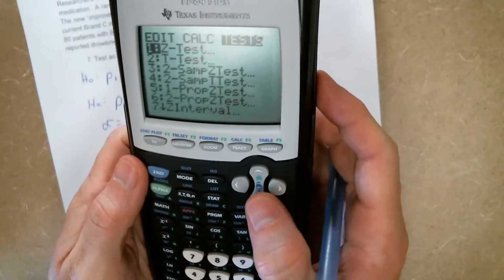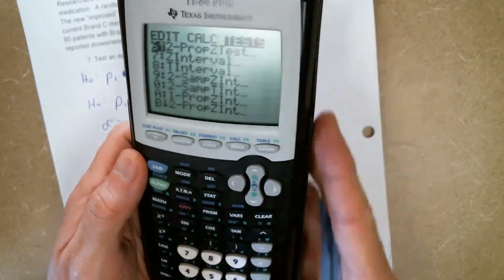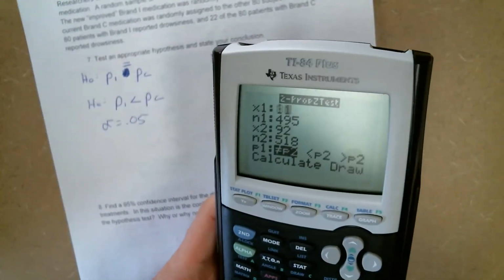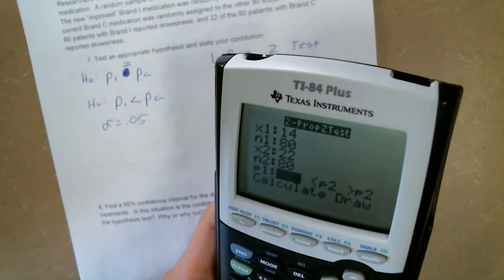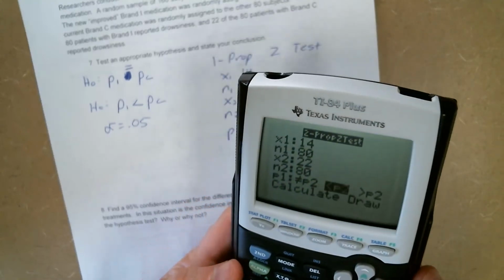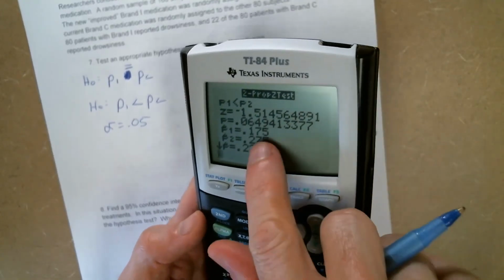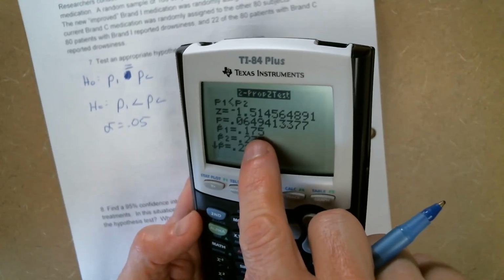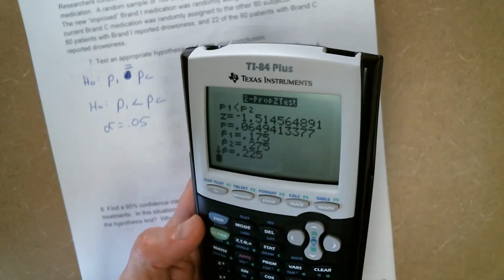All right, so stat tests, 2 prop Z test. We've got 14 and 80. We've got 22 and 80. And again, we're expecting P1 to be less than P2 because we're testing for fewer side effects. All right, so there's the observed values, 17.5%, 27.5%.